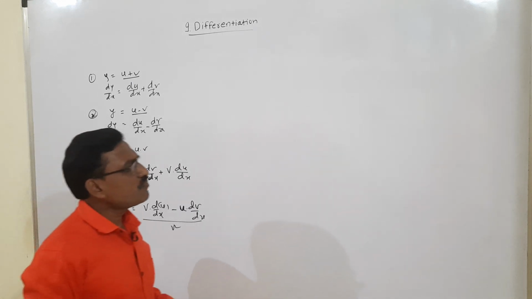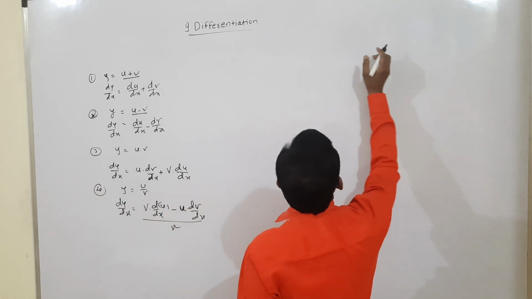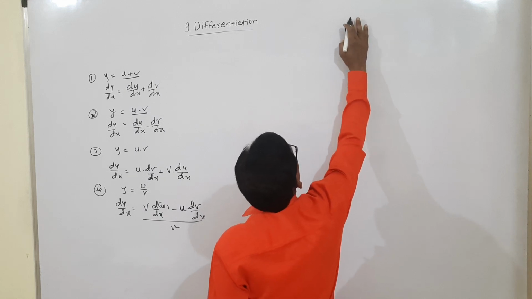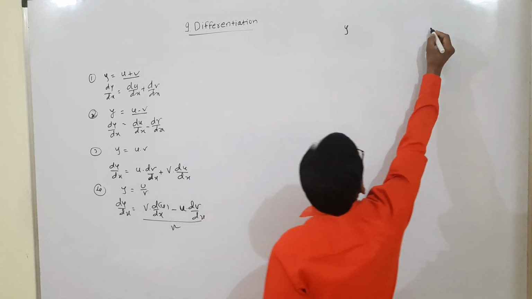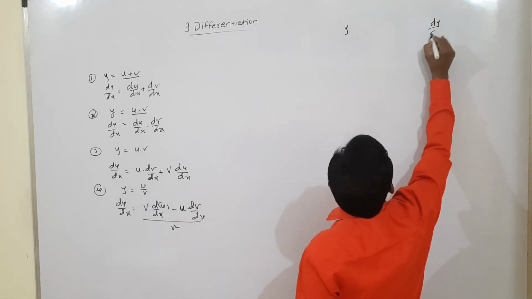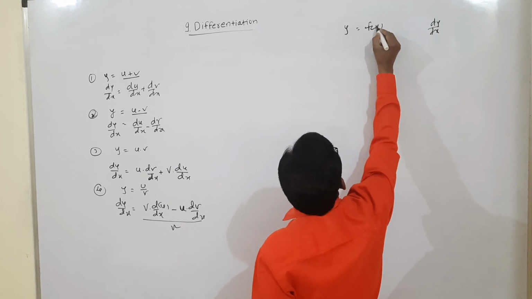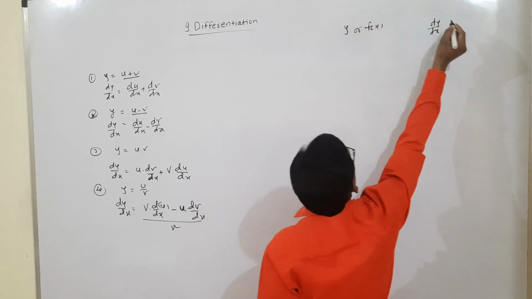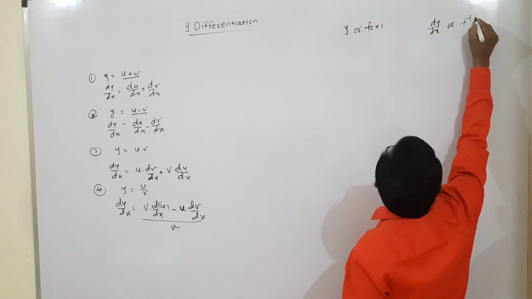Now, the derivatives of some trigonometric functions and other functions we have to study here. Suppose we take this y function, then its derivative is dy by dx. Suppose we take this function f of x, then its derivative is f dash x.